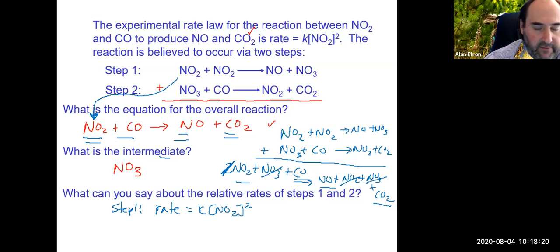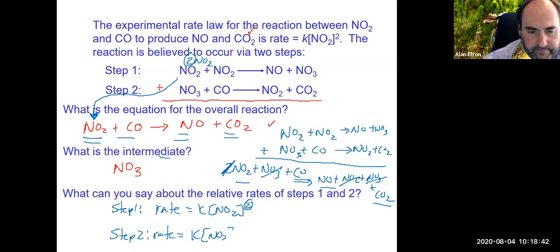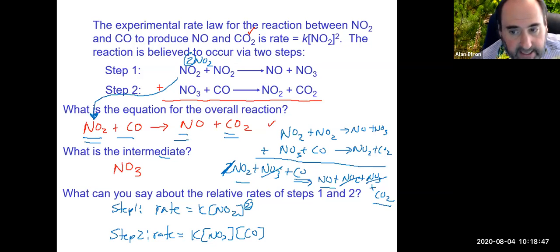Again, the coefficient here would be 2 NO2, and that is where the 2 comes from. Because this is a mechanism, we can do that. For step number 2, we would write that the rate equals k times NO3 times CO. So again, only in mechanisms and these elementary steps can you write rate laws for each of the individual steps.